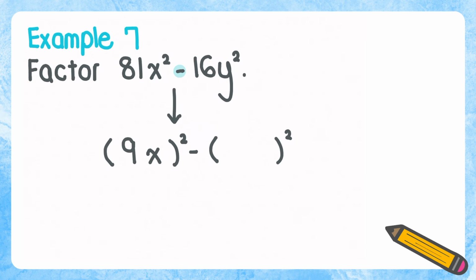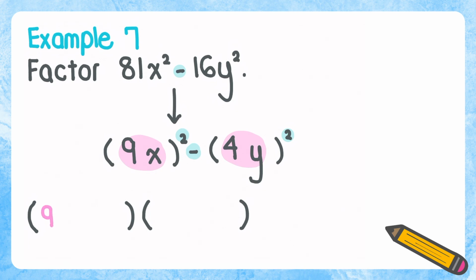And then the 16y squared, notice that 16 is a perfect square. So now we have this form that looks like dots, difference of two squares. So let's just write it in that usual format. So the bases of the two terms, we have the 9x and the 4y. So 9x plus 4y times 9x minus 4y.